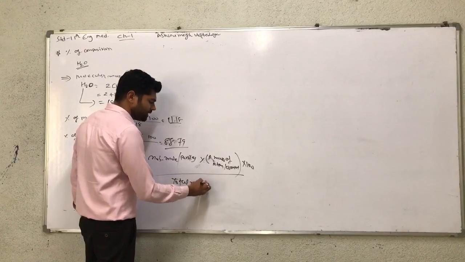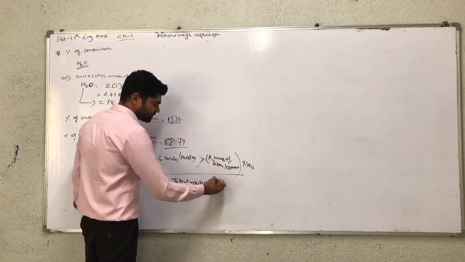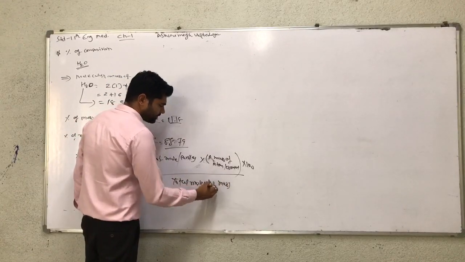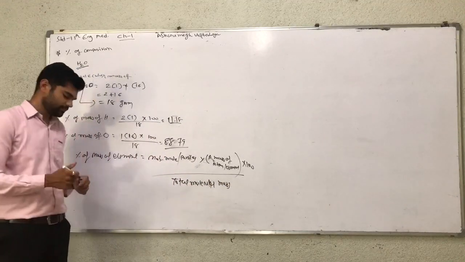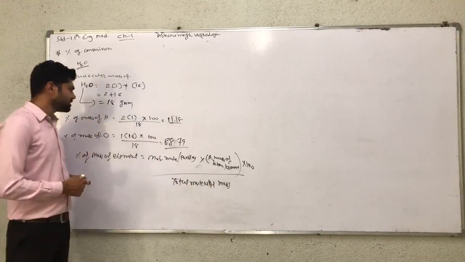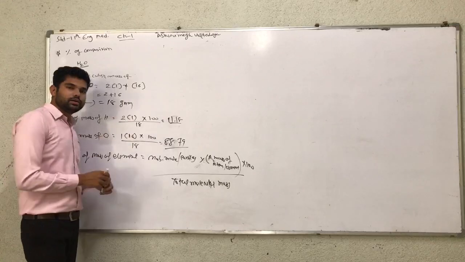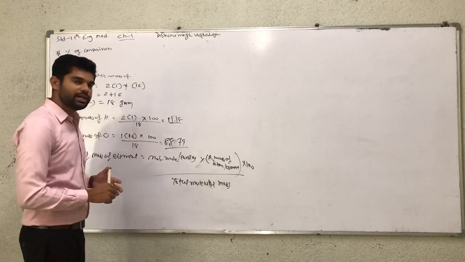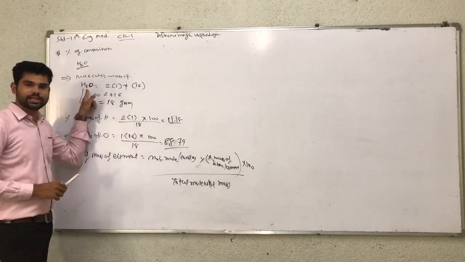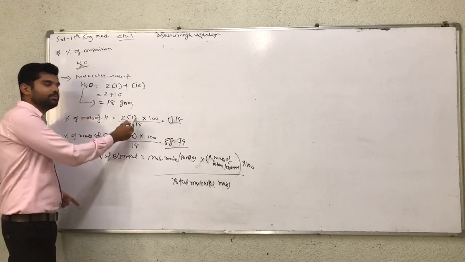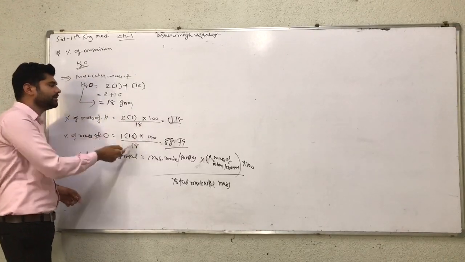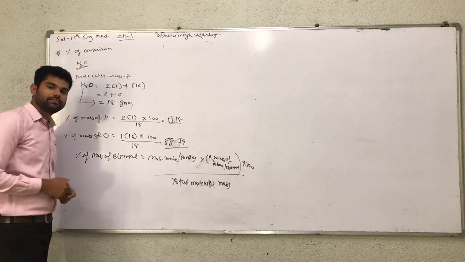Which mass? Molecular mass. So remember the equation. First, hydrogen mass means the total moles or particles of hydrogen in the compound. The compound H2 means 2 moles, therefore 2 multiplied by 1, multiplied by 100, divided by the total mass of the molecule, 18.